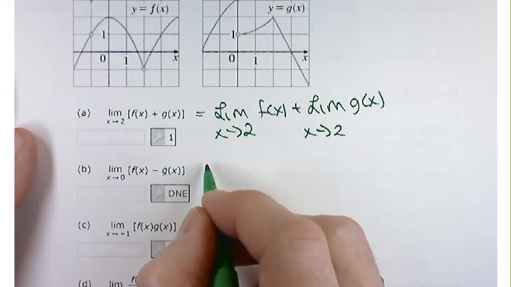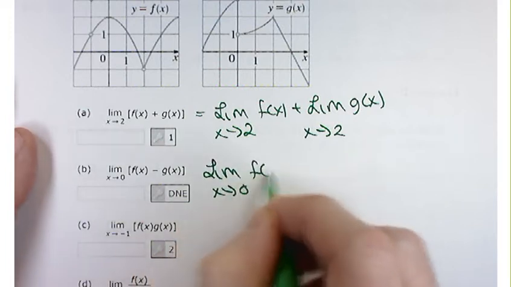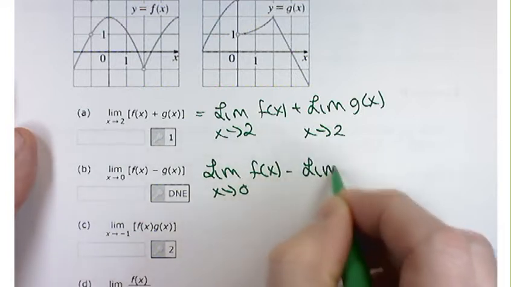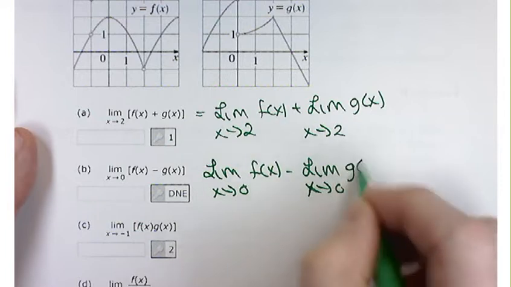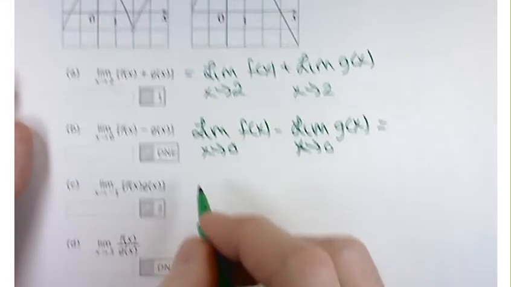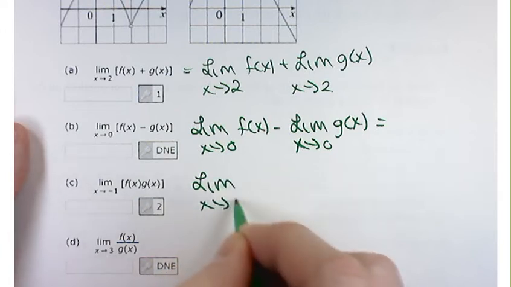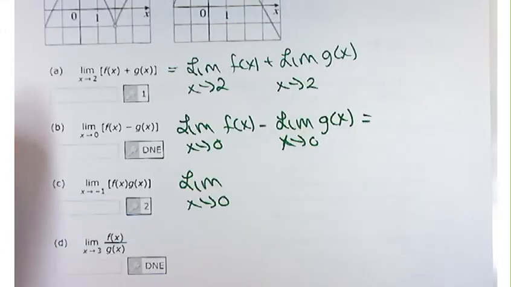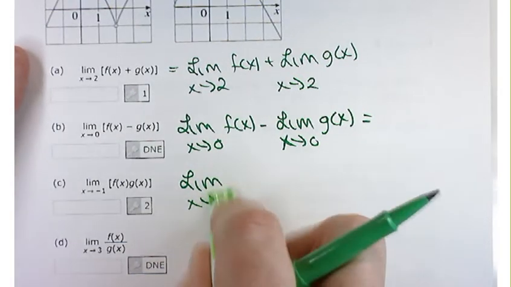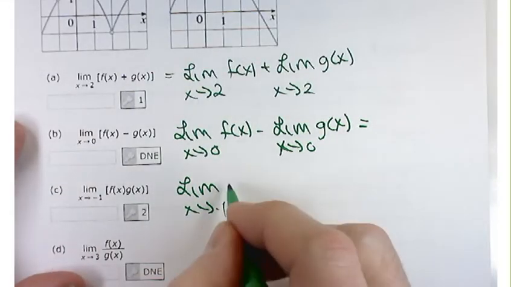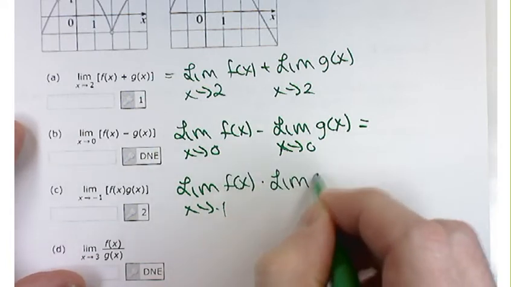This is going to equal the limit as x approaches 0 of f of x minus the limit as x approaches 0 of g of x, and so on. The limit as x approaches, excuse me, negative 1, should go down here, of f of x times the limit of g of x.